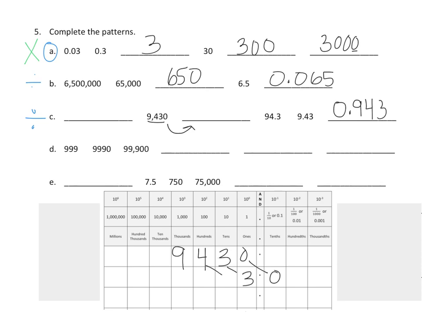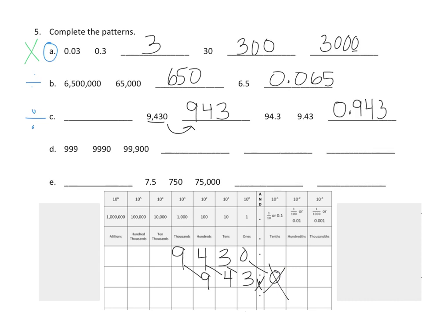The 400s go into the 4/10s. And then the 9,000s go into the 900s. So we have 943 and 0/10. Those 0/10s we don't need. We don't need to write the decimal point since there's no digits to the right of the decimal point that have values. So we have 943.